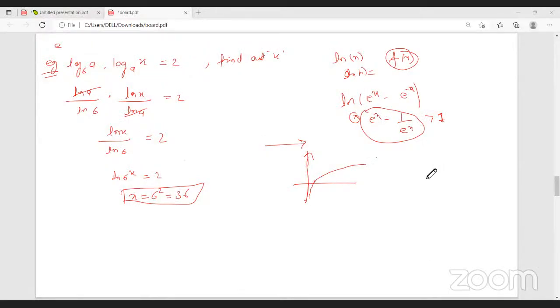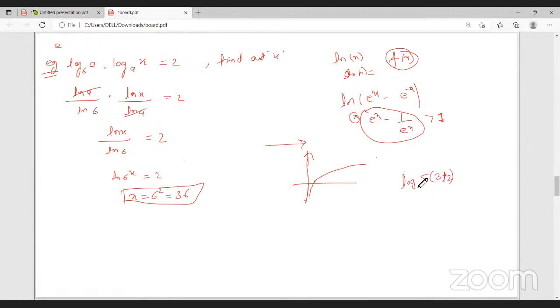Sir, I have a question. It might be silly, but I'm stuck on that part. Can you solve it? How to solve log 5 bracket 3/2? Just one minute.